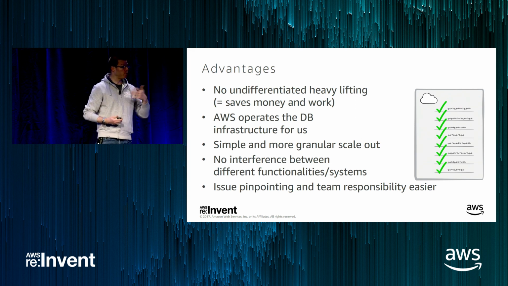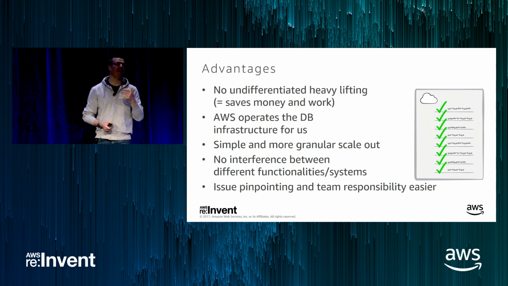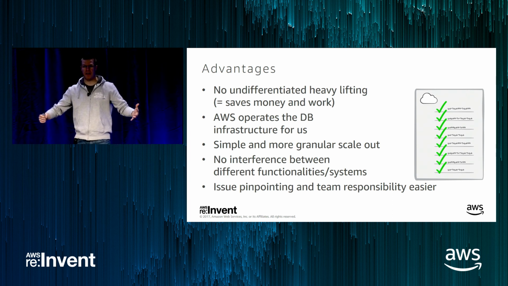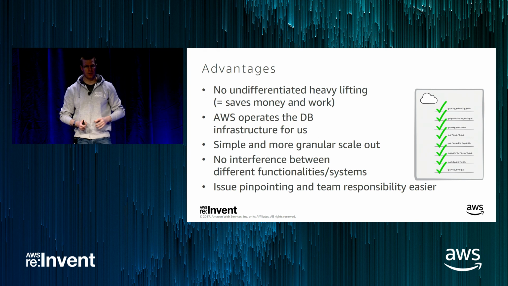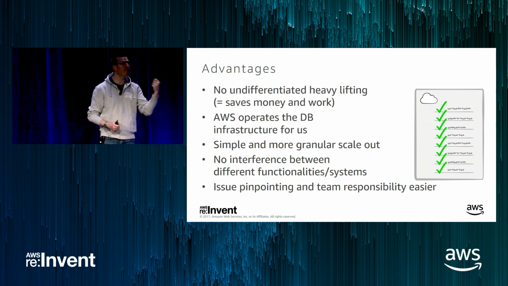The benefit now, also from a cost perspective, is we have a more granular scale out, because we're scaling only the stack that needs to be scaled. We don't need to scale this one huge database where everything is going in and out. We just scale that part of our whole application that needs the scaling.